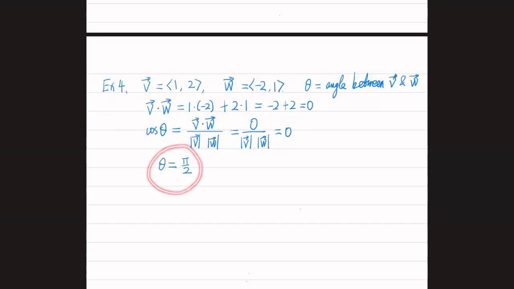What does this mean? How do I say it again? They are perpendicular or orthogonal. I think so, yeah, because that's 90 degrees, the two vectors.